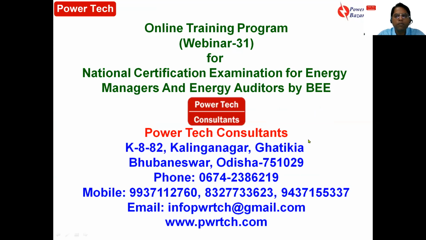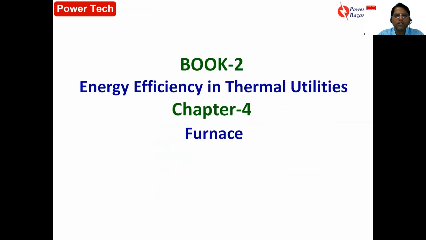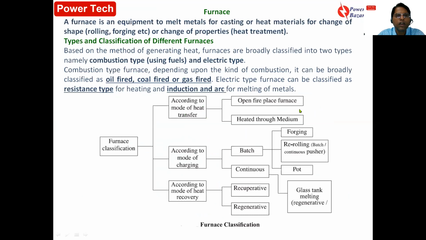So in webinar number 31, we'll discuss furnace, which is basically chapter 4 of book 2, that is energy efficiency in thermal utilities. Now, as you all know, furnace is a very important equipment in any steel plant or any aluminum plant or any copper plant.